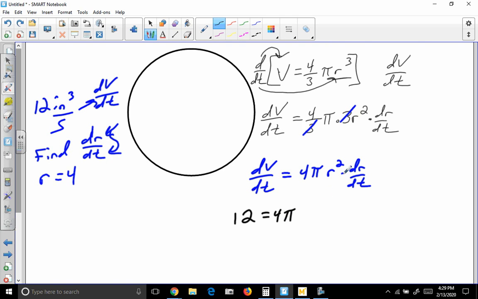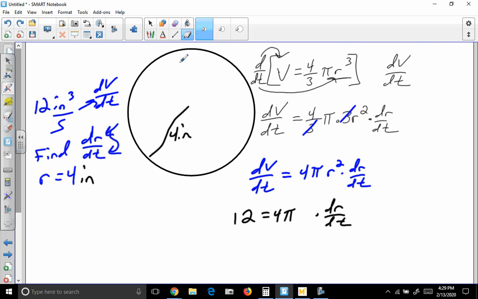So we can substitute in: dV/dt is 12 cubic inches per second, equals 4 pi r squared. At the moment we're looking for, r is 4 inches. So when the radius of our balloon is 4 inches, we can find out how fast that radius is growing. In place of r, that would be 4, and that gets squared.